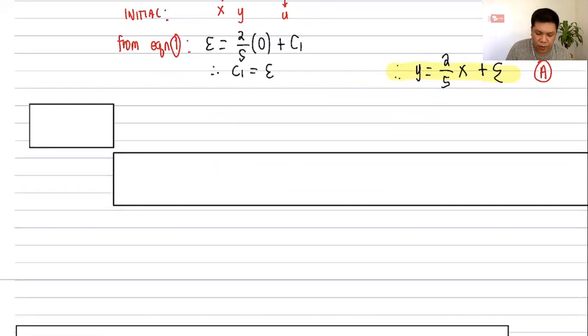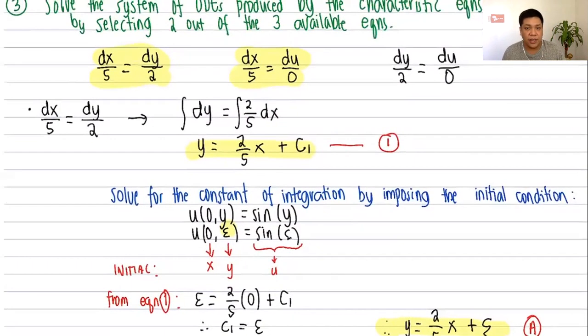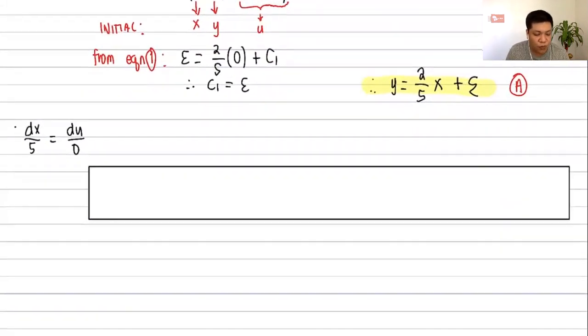Our next equation, from the selection over here, is dx over 5 equals du over 0. Again, this is just a simple ODE, such that du is equal to 0, correct? So I can cross multiply, placing 0 on the upper left-hand side, so du is equal to 0.